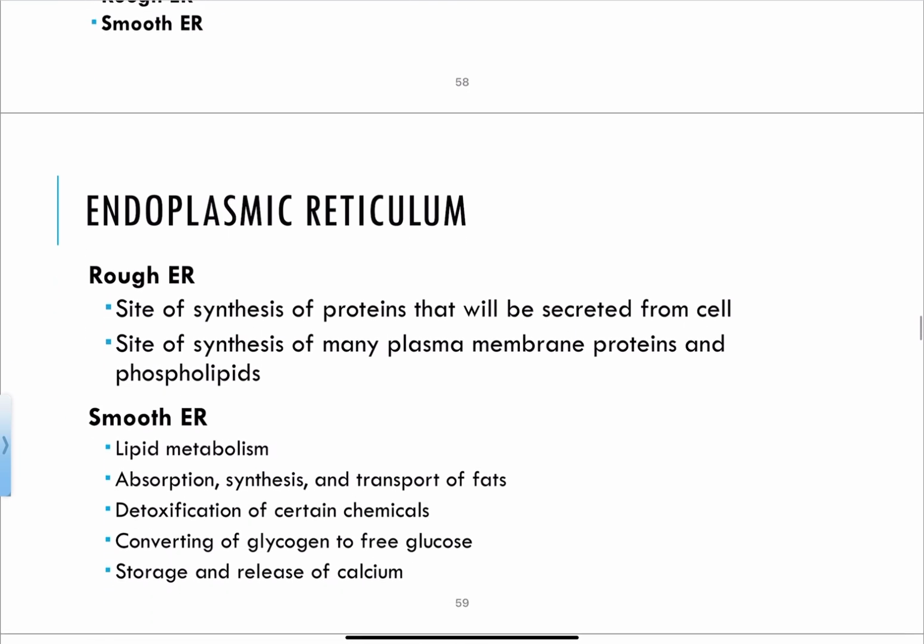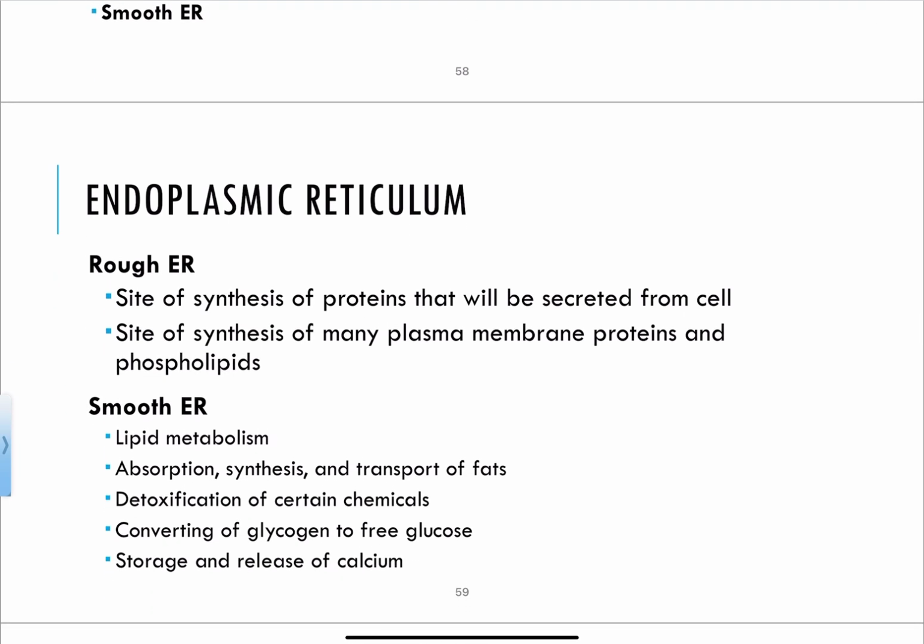So a little bit more about the endoplasmic reticulum. Because the rough endoplasmic reticulum has those ribosomes studding it, that makes it appear rough, and because ribosomes are the site of protein synthesis, we would expect the rough ER to be involved in the synthesis of proteins. However, it's typically the site of synthesis of proteins that are going to be secreted from the cell, so not the proteins that are actually going to be used in the cell.